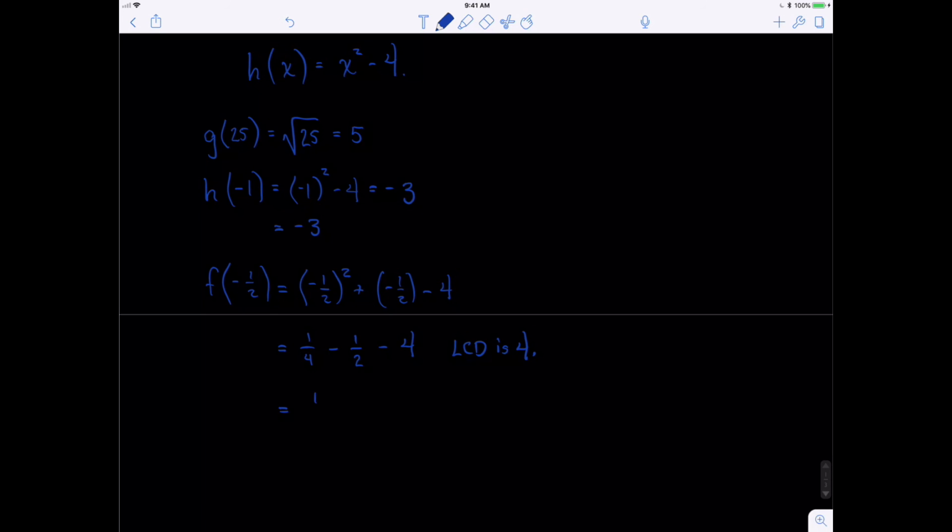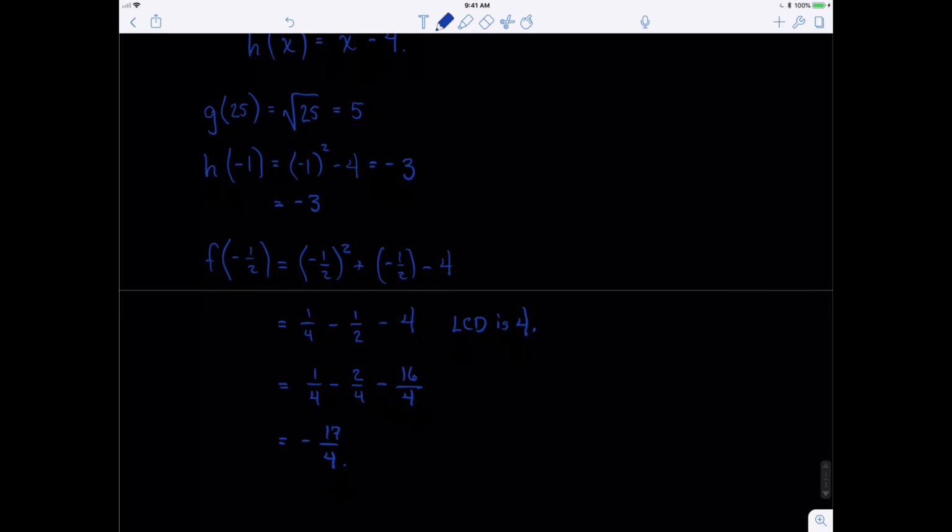The -1/2 becomes -2/4, and -4 becomes -16/4. So if we add these up, I have 1 minus 2, that's -1, minus 16 more to come up with f of -1/2 equals -17/4.